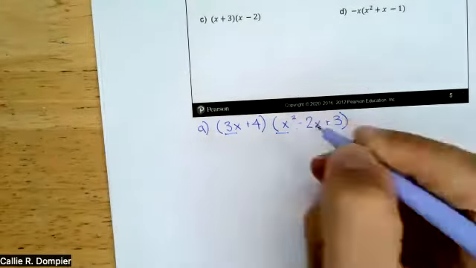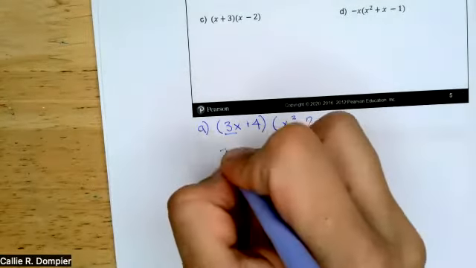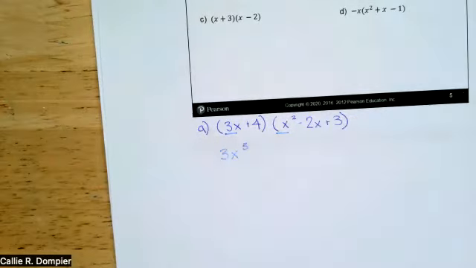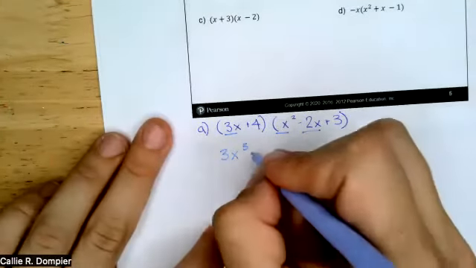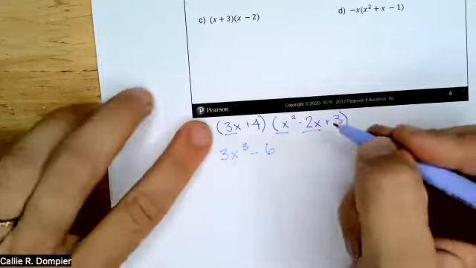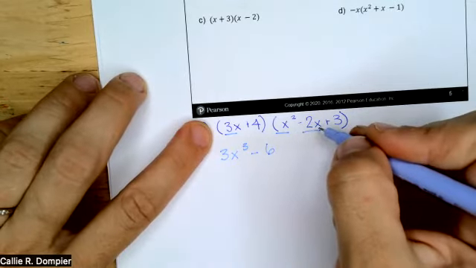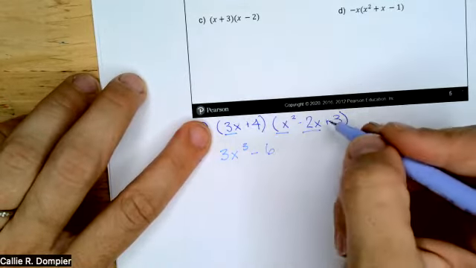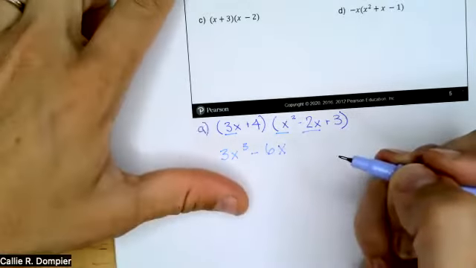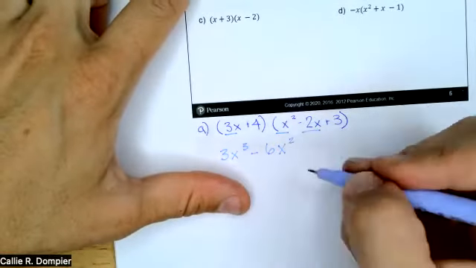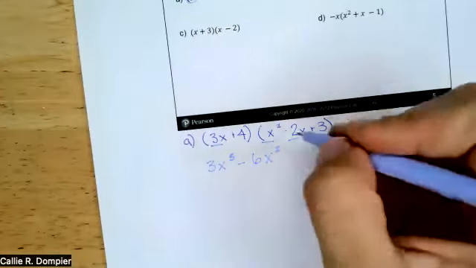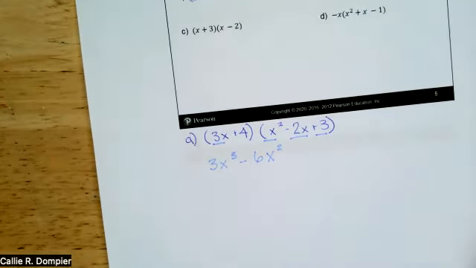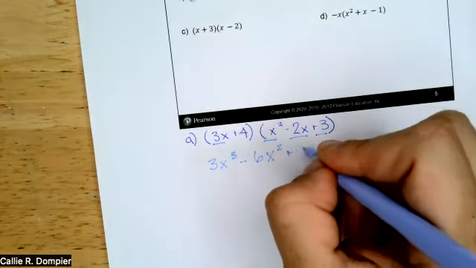So 3x times x squared is going to give me 3x to the third, right? The 3x times the negative 2x is going to give me negative 6, because 3 times a negative 2 is a negative 6. And then x to the first times x to the first, that's like saying 1 plus 1 is 2, right? And then 3x times positive 3, 3 times 3 is 9.